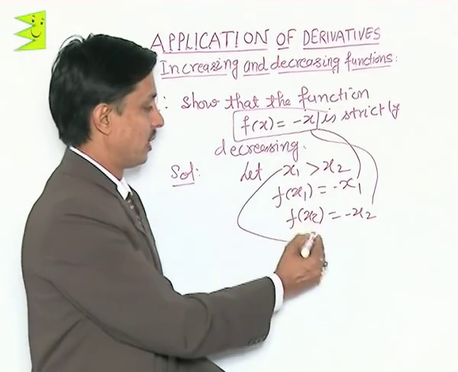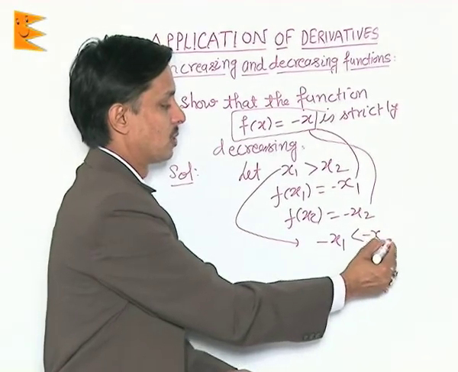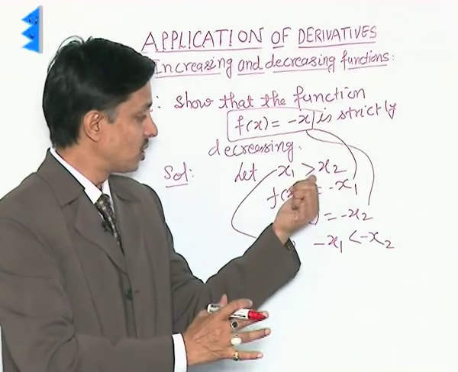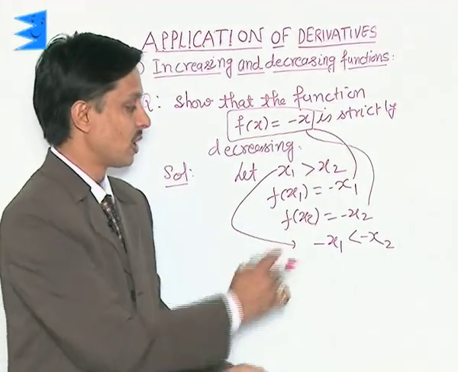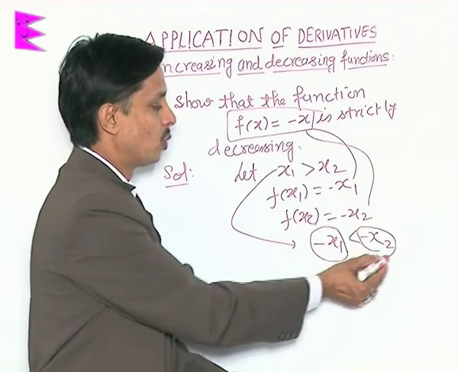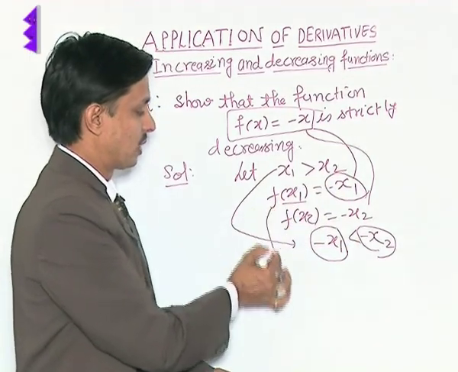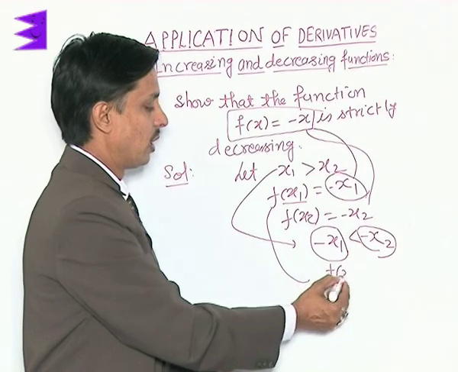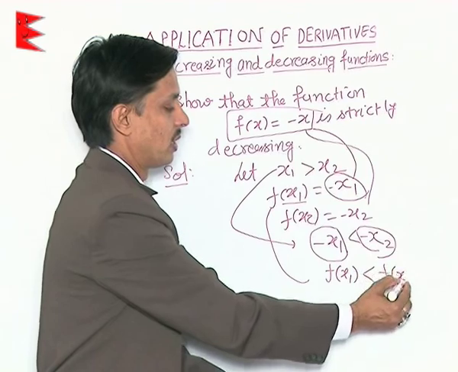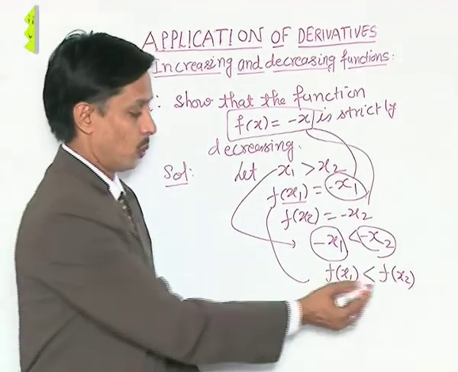I can say minus x1 is less than minus x2, because if a minus sign is put, the inequality gets reversed. In place of minus x1, we can put f(x1), and in place of minus x2, f(x2). So f(x1) is coming less than f(x2).